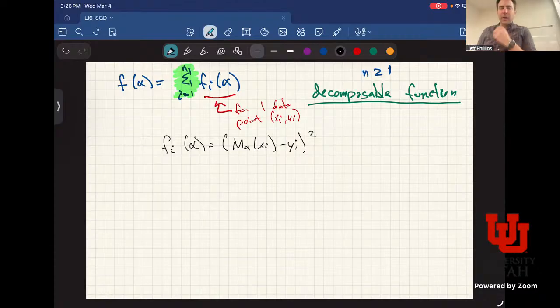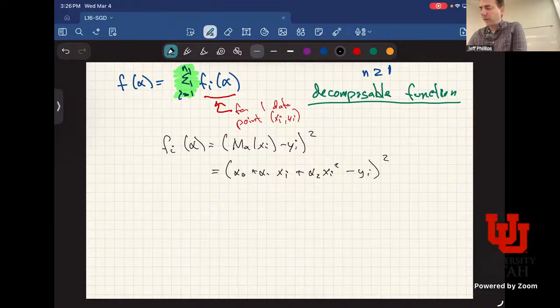And this looks like alpha 0 plus alpha 1 xi plus alpha 2 xi squared, minus yi, squared, right? So this is our running example with the polynomial regression of degree 2. This is an example that we've been working with.